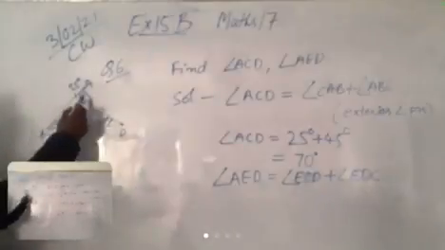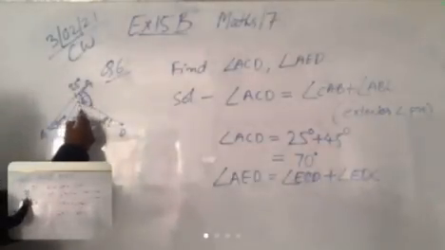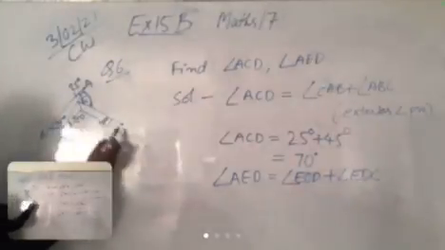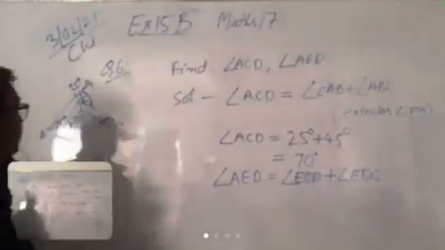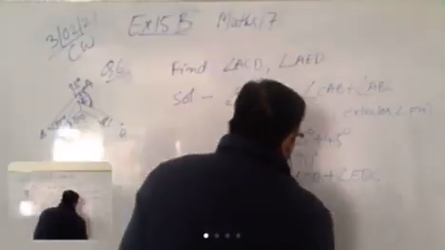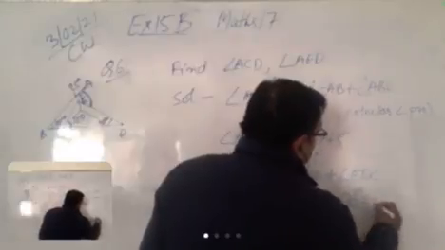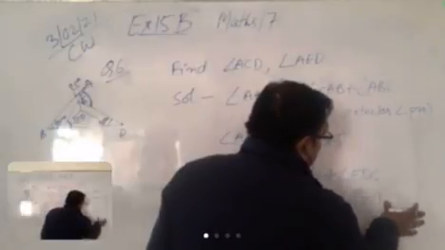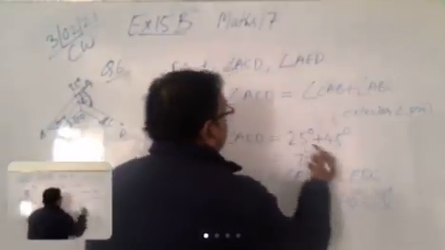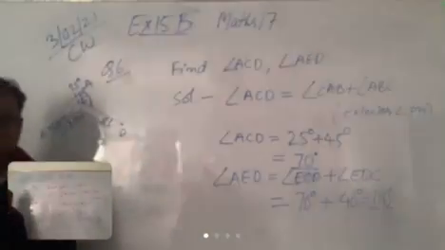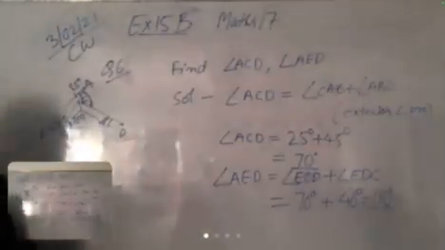This is the exterior angle and these are the two interior angles. So this is ECD and EDC, and you all know that the value of ECD is 70 degree and angle EDC is 40 degree. So the total is 110 degree. So 110 is the answer and the second answer is 70. Is it clear or visible to everyone?